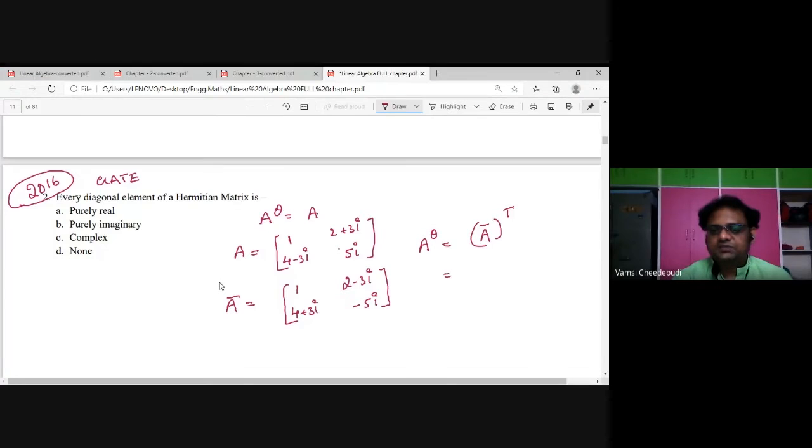The first column becomes the first row, 1 and 4 plus 3i. The second column becomes the second row, 2 minus 3i and minus 5i.